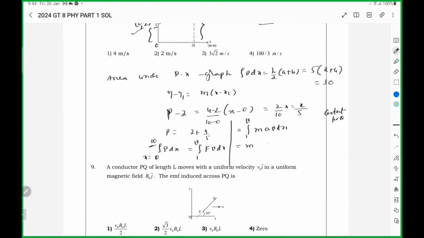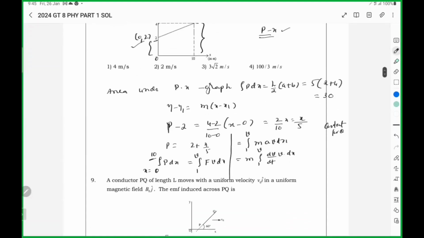This we can write as m a, 1 to V. Acceleration is dv by dt into V dx. So he has given mass 10 by 7 kg. dv by dx into dx by dt into V dx, which is 10 by 7, 1 to V. dx by dt is velocity, that is V square dv it becomes.